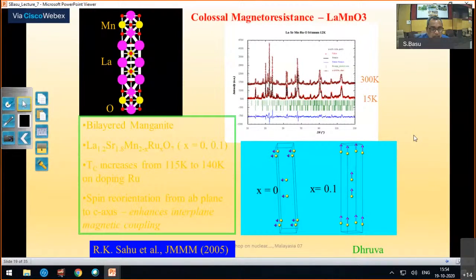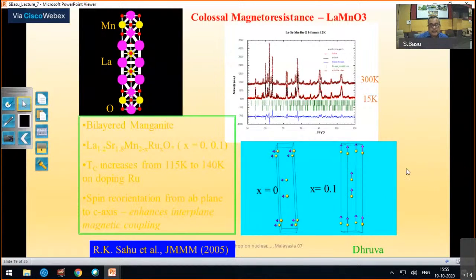The only thing I want to say is that in this Rietveld fitting for the data of this LMNO3, these peaks are fitted by the Rietveld technique, and not only do you get the position of atoms, but you see with respect to a fractional change in this La 1.2 Sr 1.8 Mn2 minus Ru x, with x going from 0 to 0.1, this magnetic structure changes, and you can fit it doing a Rietveld fit.